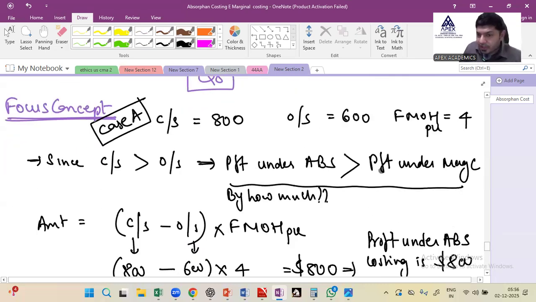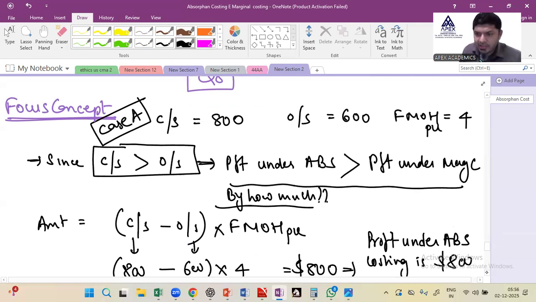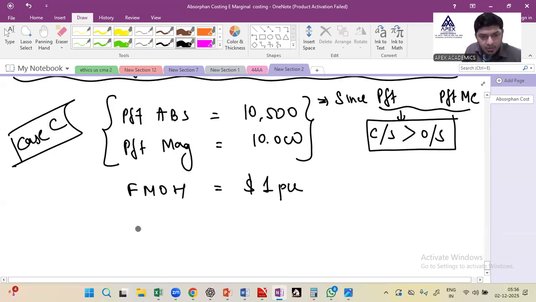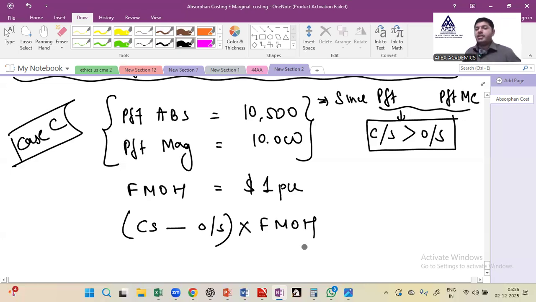Why? When the profit under absorption is more than the profit under marginal, your closing stock is greater than your opening stock. Now the question is by how much? By how much is a very simple answer. It is closing stock minus opening stock multiplied by fixed manufacturing overheads. So here this is multiplied by 1 and the answer is given to you.